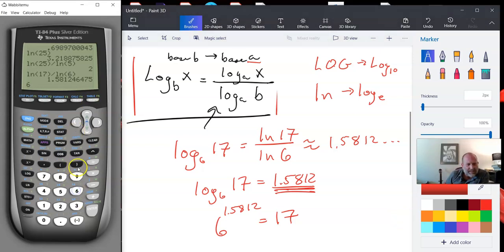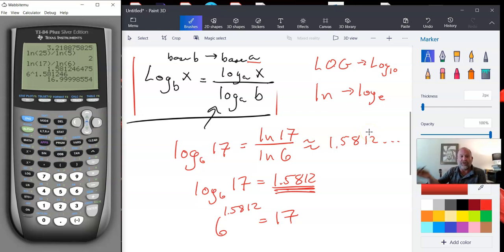We'll go 6 to the, and then 1.58. And you could either plug it in or you could use second function and pull the answer up if you want. But 1.581246, that's probably far enough. And we'll just hit enter, and we should get something very close to 17. And we do. So that means that our estimate is a good estimate, right?